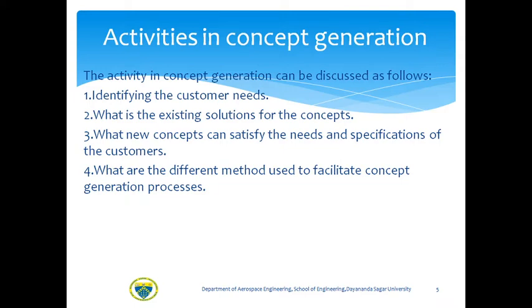If that solution is not available, then you need to look for new concepts or new ideas. And the final step, once you come up with the new concept, is product development. Probably you can use different methods to facilitate the concept generation process.